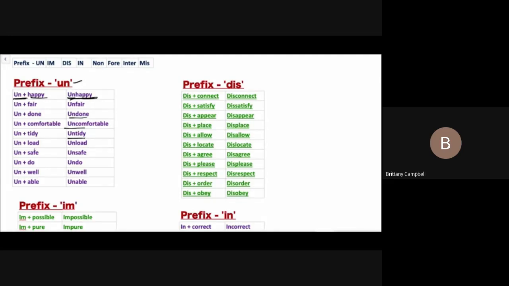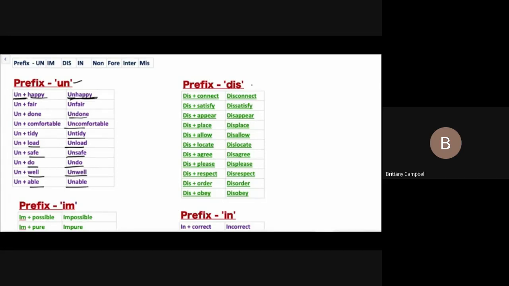Tidy, untidy. Load, unload, save, unsave, do, undo, well, unwell, able, unable. So by adding the prefix un, we have changed the meaning of the word. So happy has become unhappy, fair, unfair, done, undone, and similarly all others.